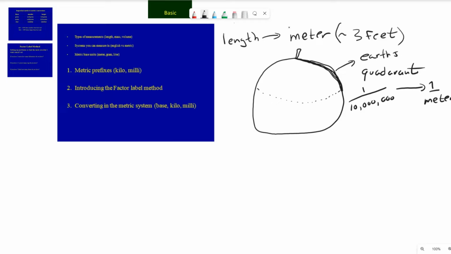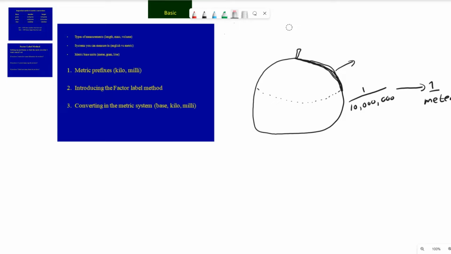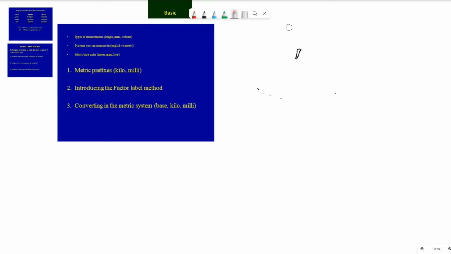Well, if that's how they came up with the length of a meter, how did they come up with the standard metric unit for mass, a gram? Well, it's kind of interesting. Once they knew that they had a standard length, they used it to help come up with a standard mass. And here's how they did it. They chose a length because now they could measure length very accurately.